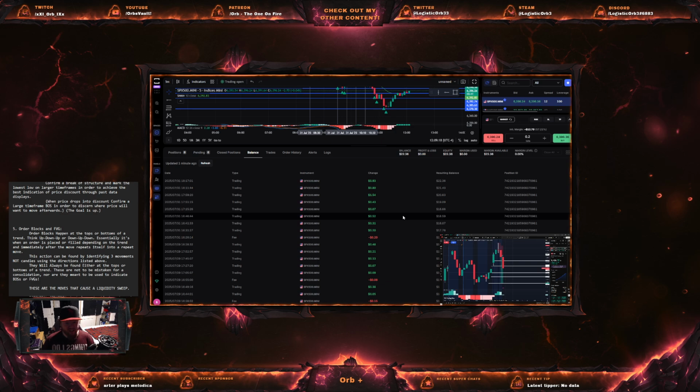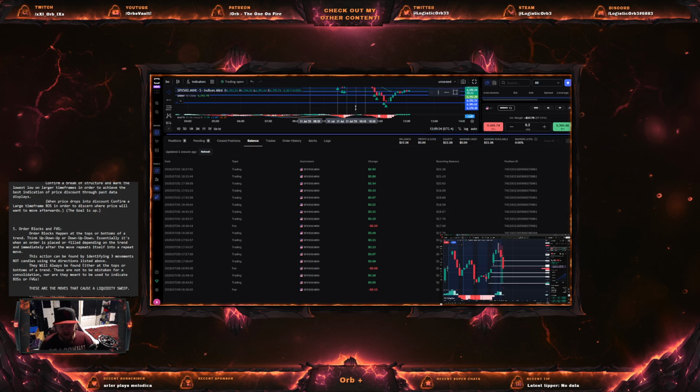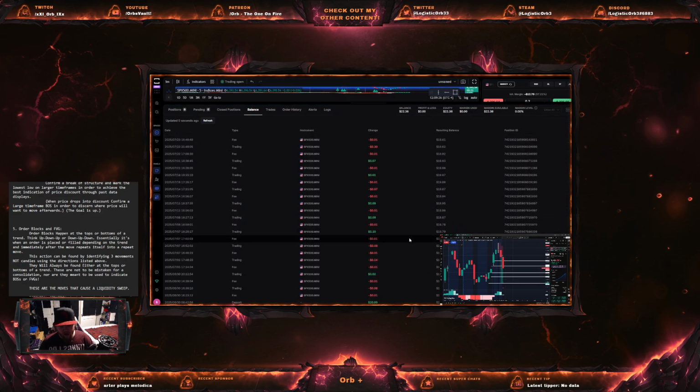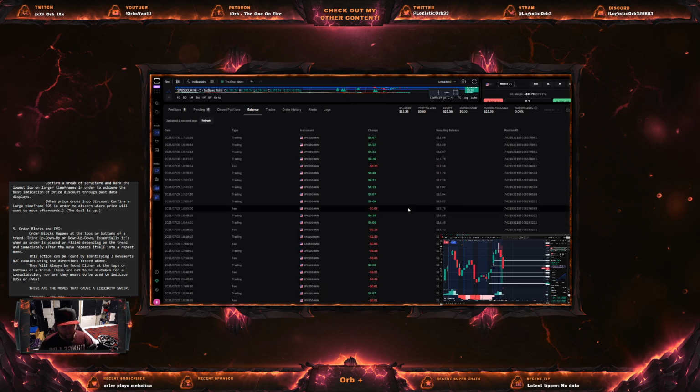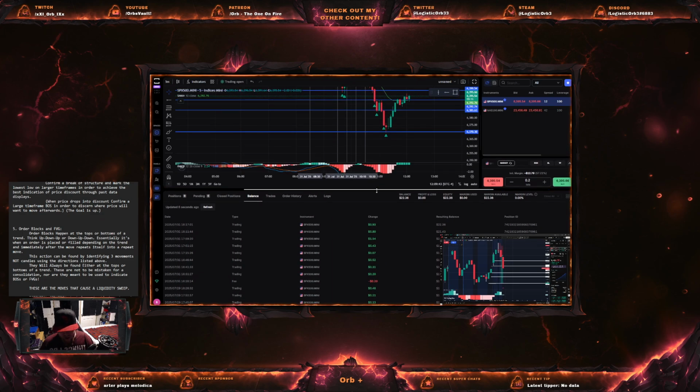My psychology is there. My discipline is there. I am understanding. And I'm happy that I'm doing this because it's demo. I'm excited over fake money. I understand it's wrong of me to be excited over fake money. I understand the anger I'm going to have when I lose. The anger I had when all of this red was kicking in. Okay? I understand the psychology game, and it's a battle I have to fight alone to master it.